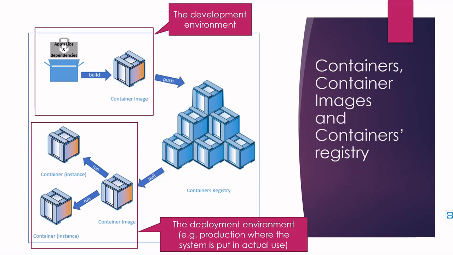When we use the run command, an instance of the container image is created. That's the actual container. So the actual container is an instance of the image. Now, every time we execute the run command on an image, a new instance will be created.